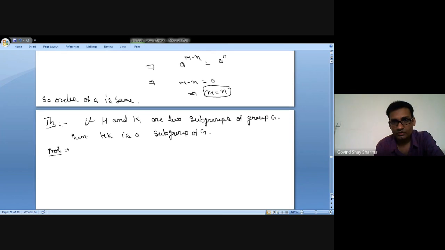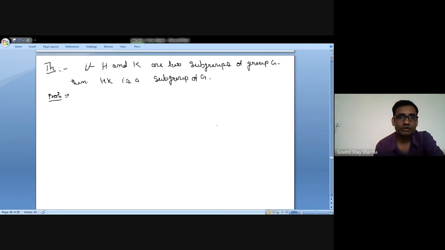Here you see the statement that H and K are two subgroups of G, and HK is also a subgroup of G if HK is equal to KH. Let us first take HK is equal to KH.